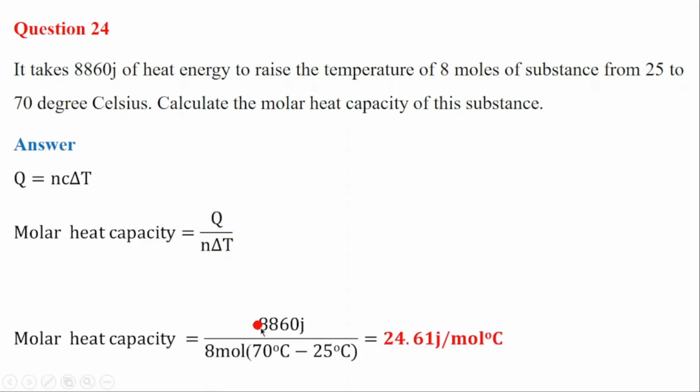The heat was given. So the moles, we have 80 moles, and the change in temperature is equal to 70 degrees Celsius minus 25 degrees Celsius. So here, then we get the final answer where we have the molar heat capacity is equal to the value that you see.